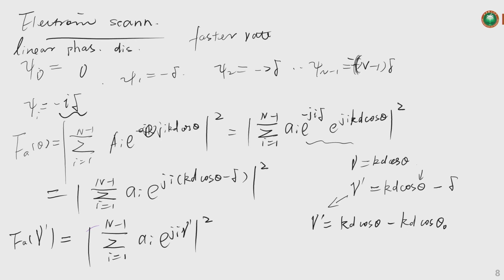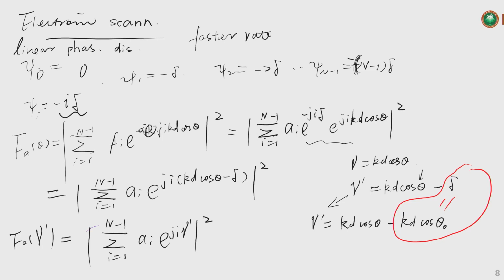So that means theta 0 equals this part. So we transform the phase difference to the angle range.